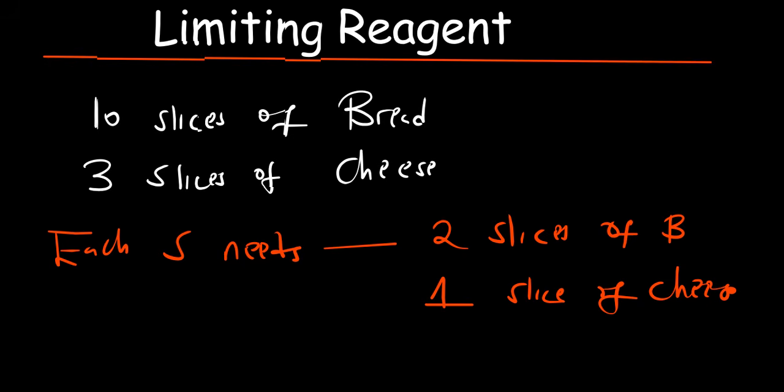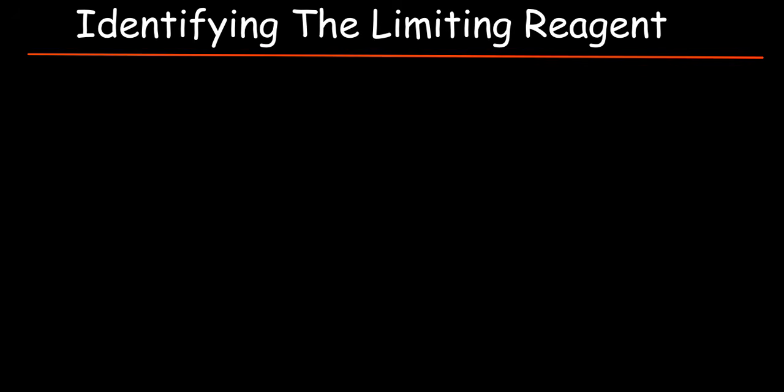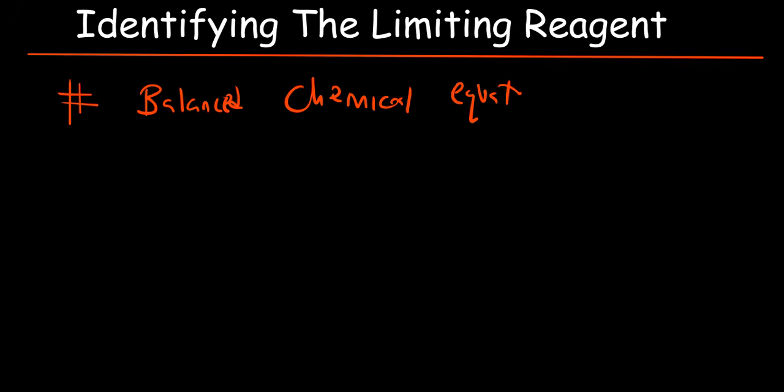Now how do we identify the limiting reactant or reagent? For us to do that, you have to first write the balanced chemical equation. This is major. Balanced chemical equation. Then when your equation is balanced, you have to convert the quantities you are given to moles.